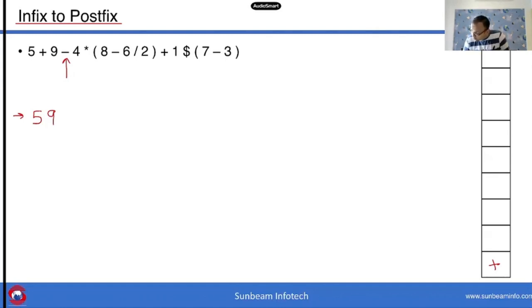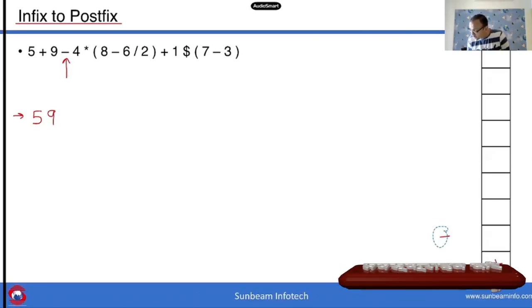But now remember the rule. You can put this onto the stack if and only if its priority is greater than the priority of the topmost element over here.